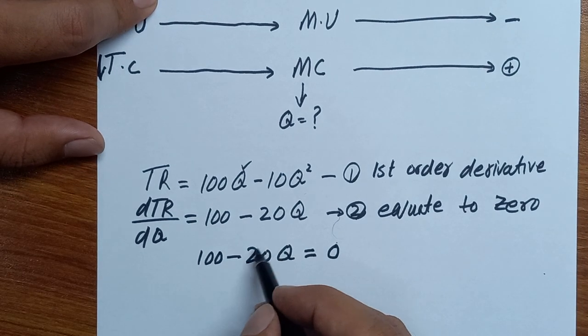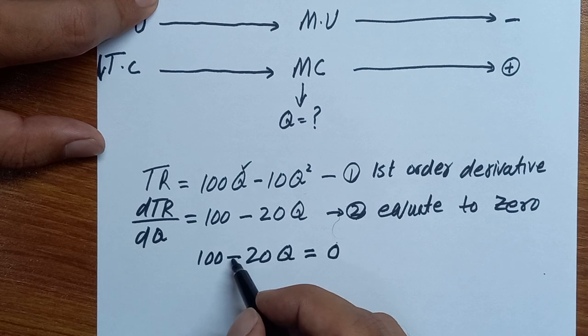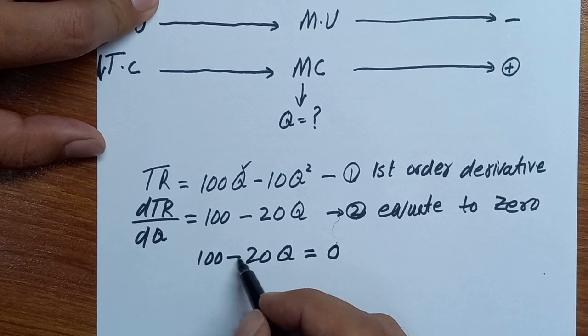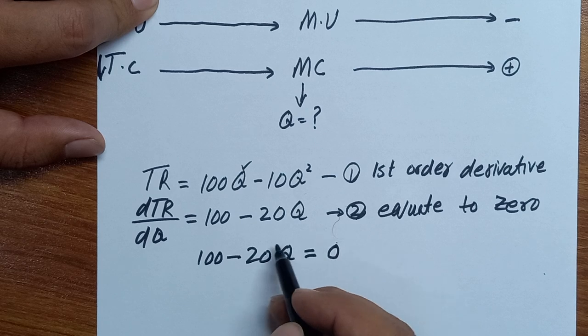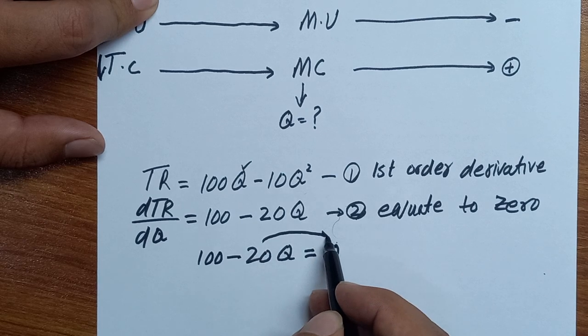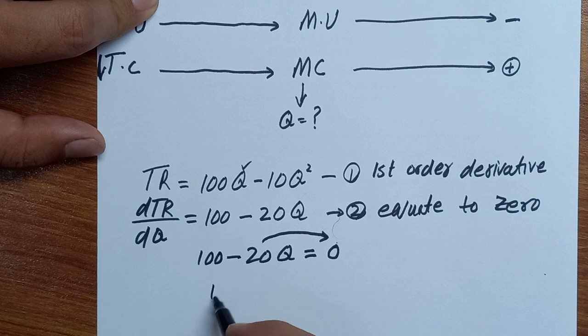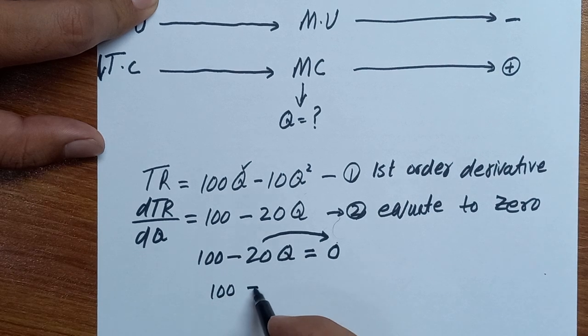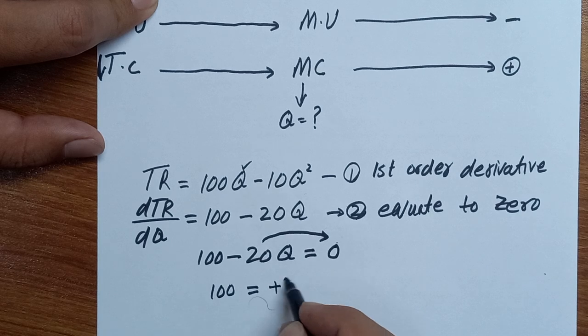Now we should first try to transfer the negative value to the other side of the equal sign. So 100 remains in the same place, and this will shift to the other side, so it will become positive 20q.